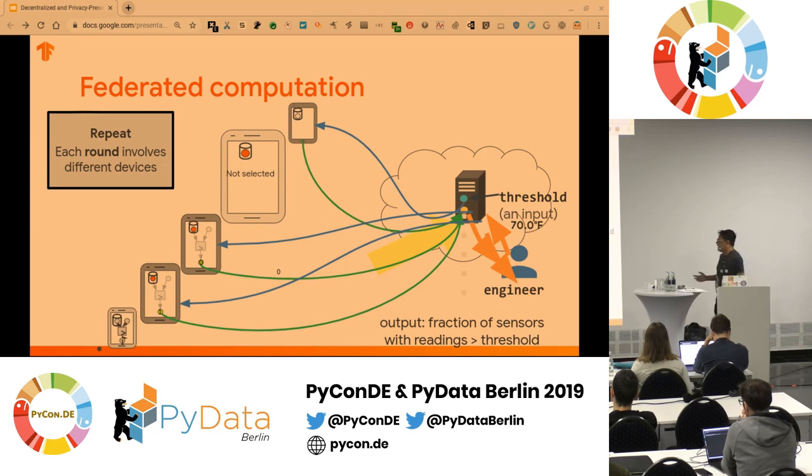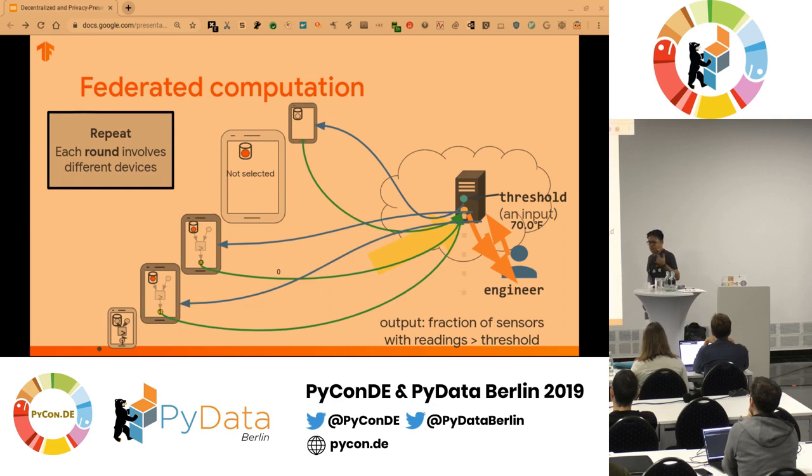All right. And finally, like I mentioned in federated learning, this is repetitive, right? So it's an iterative process. You can improve what you know about your computation by repeating it, because the key thing here is you are selecting different devices every time.